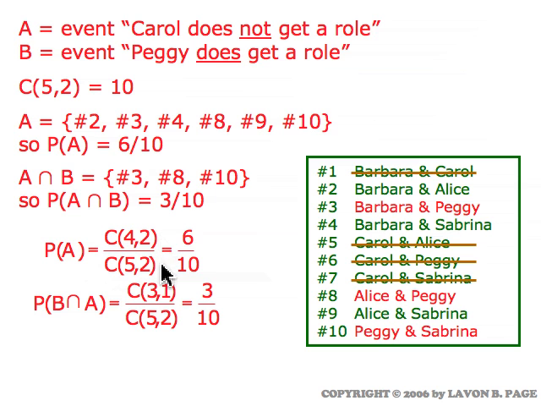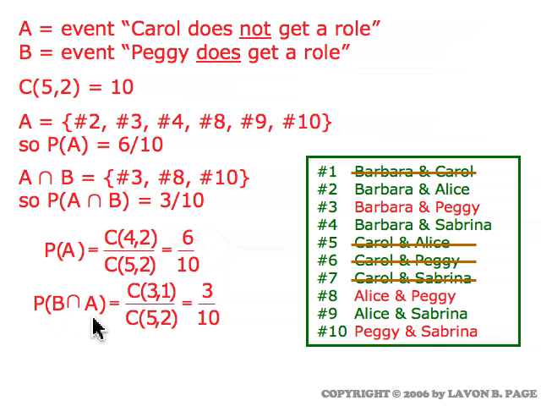So what I'm showing right here, the combinations of 4 things choosing 2 and the combinations of 5 things choosing 2, is simply looking at it in terms of counting the possible outcomes in the denominator and counting the outcomes in the event A in the numerator using the combinations formula. And of course that confirms what we're seeing when we've actually listed the outcomes.